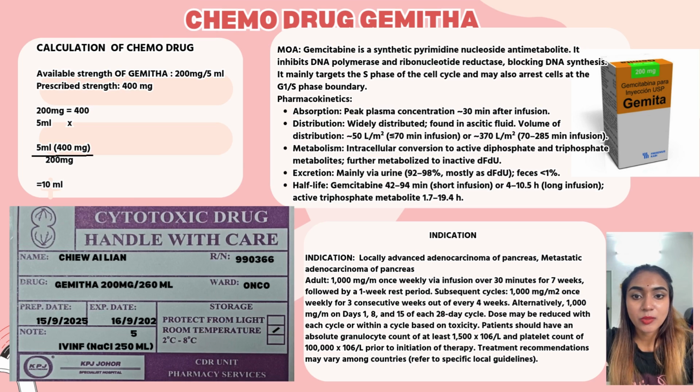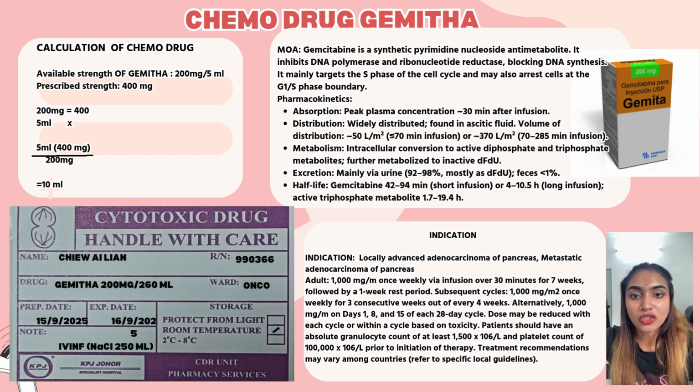Metabolism: it is metabolized intracellularly into its active triphosphate metabolites, which are then further metabolized into inactive dFdU. Excretion: mainly through urine, about 92 to 98%, with most excreted as dFdU. Half-life: short infusion is 42 to 94 minutes, while long infusion is 4 to 10 hours.